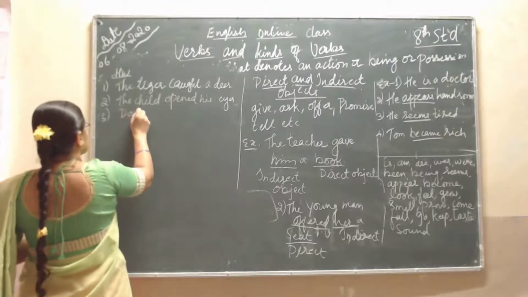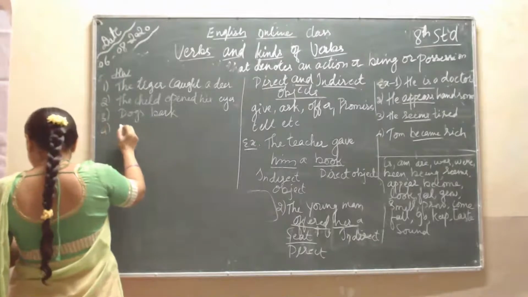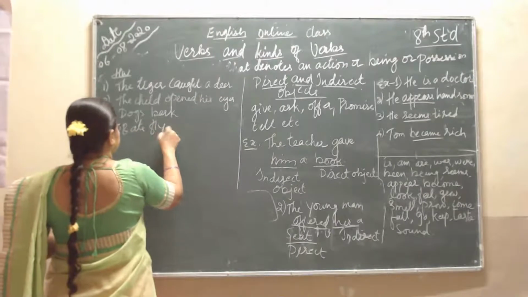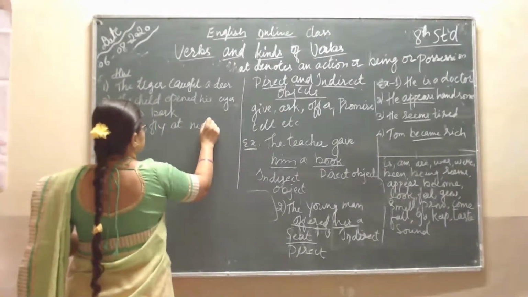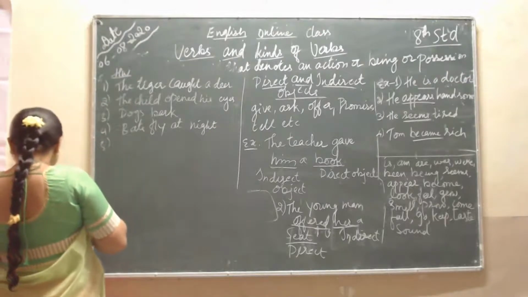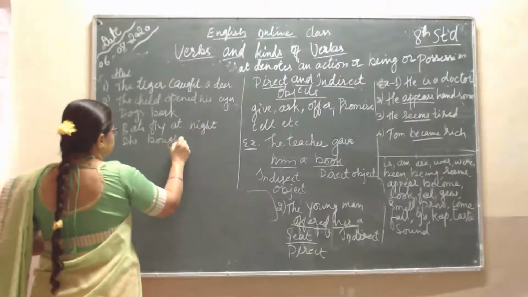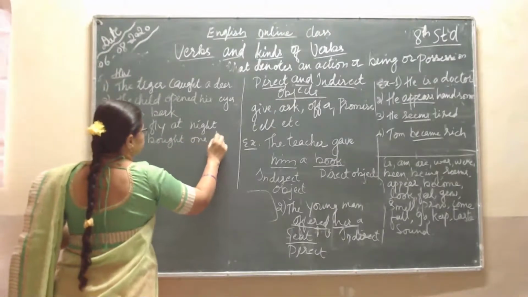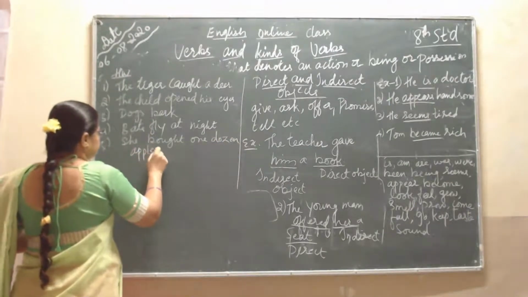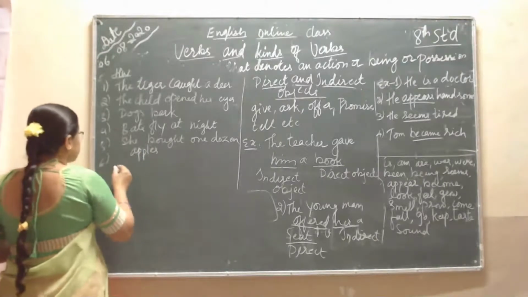Dogs bark. Birds fly at night. She bought one dozen apples. She became a teacher.